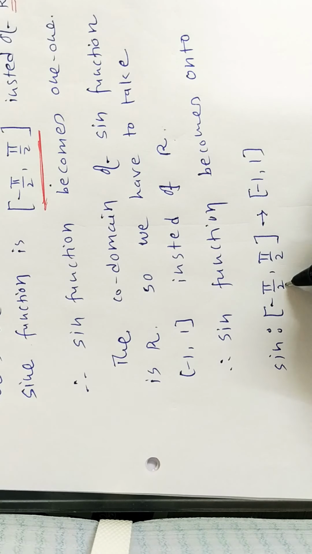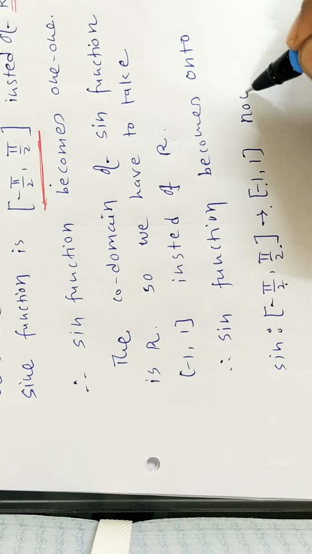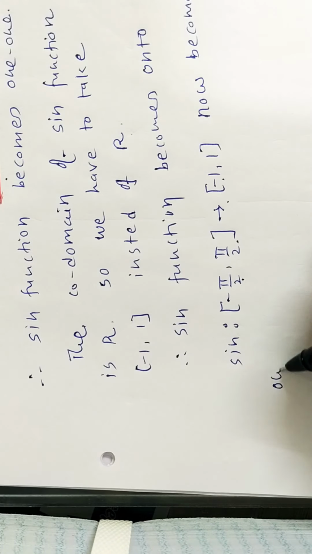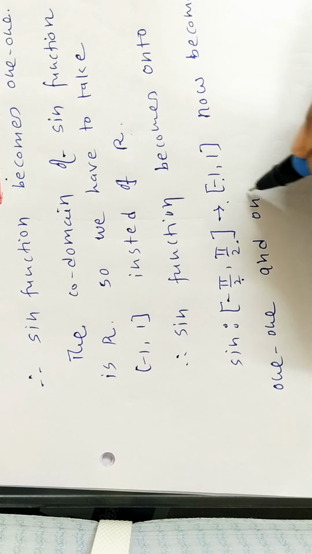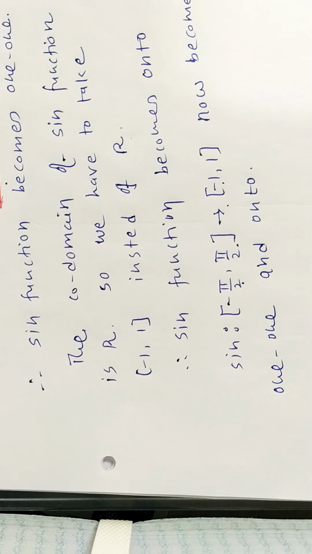So sine from minus pi by 2 to plus pi by 2 to minus 1 to plus 1 now becomes 1-1 and onto.